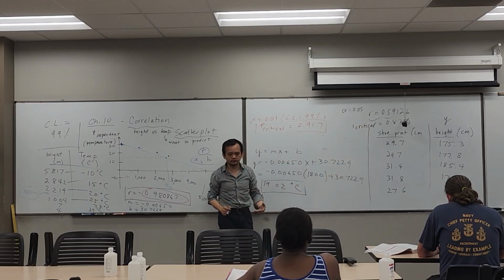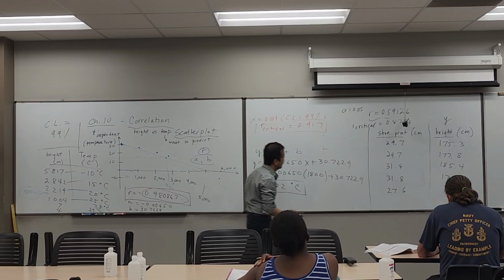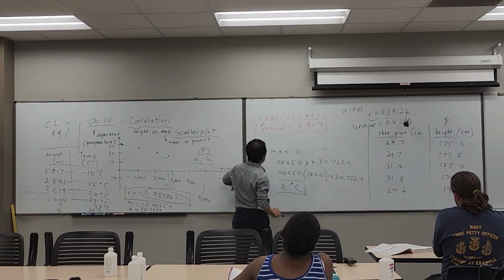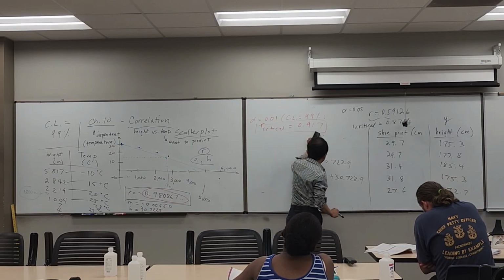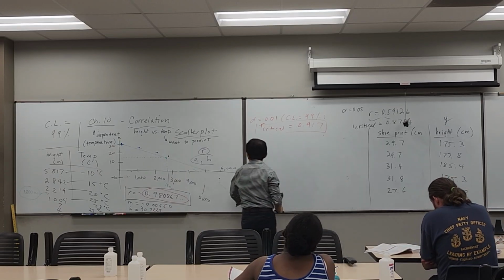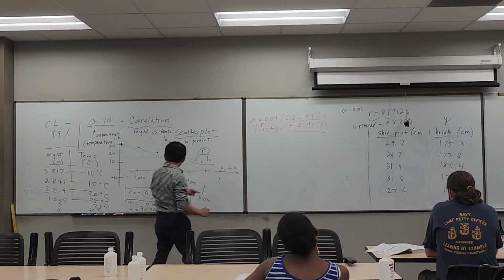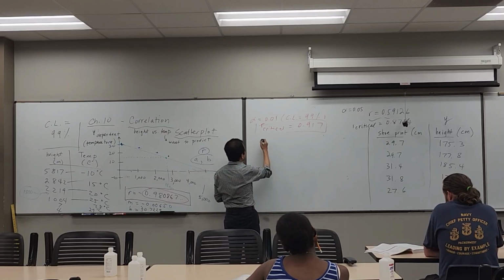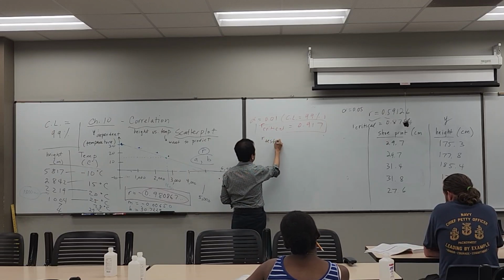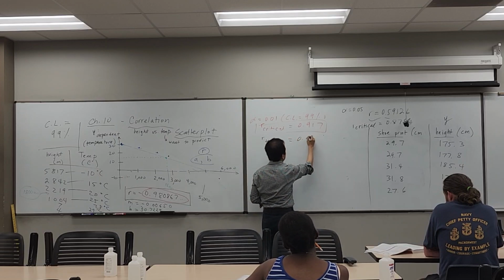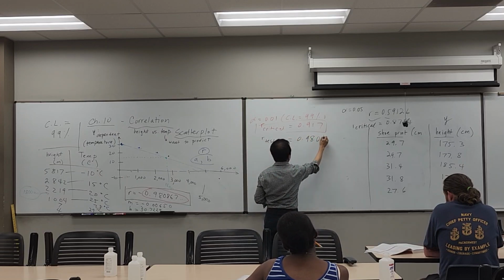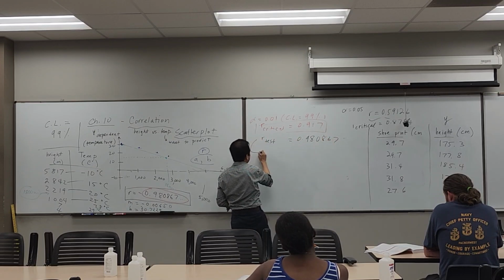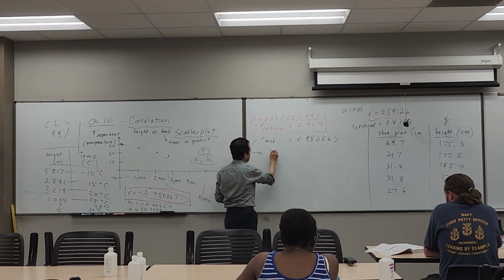So let's talk about what our conclusion should be. Remember, before, when our R value met the threshold of our critical, then we ended up saying that this was a line of good fit, and therefore there is correlation.